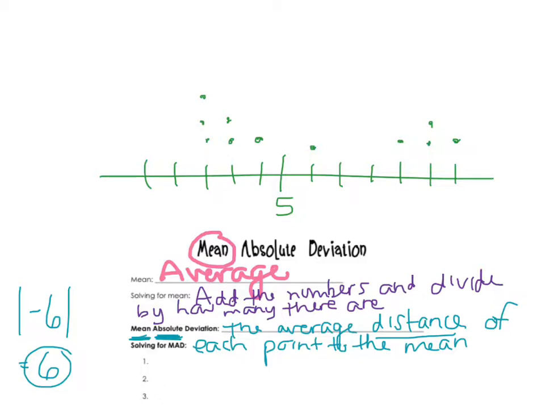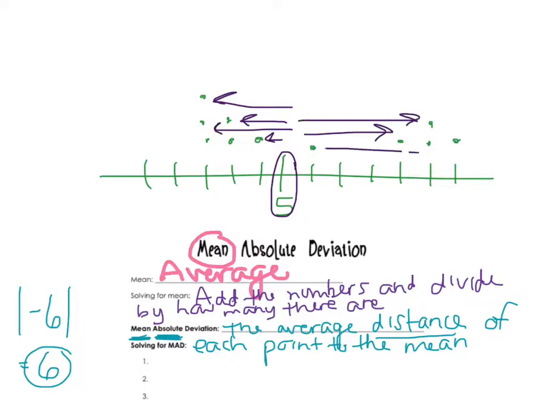So up on top where I have a number line and basically a dot plot, I would be looking at how far away, if the mean was 5, what's the average distance if I found the distance of all of these points to 5, then what would be the average number of their distances? So the first step is you need to find the mean of all your numbers, because you're finding the distance from that mean. So you need to know the mean. So you find the mean of your data.